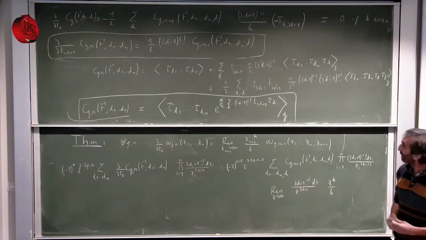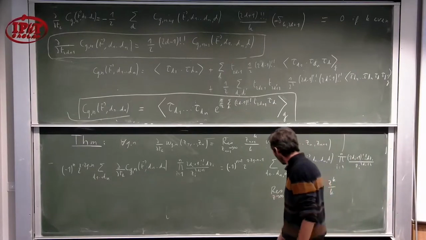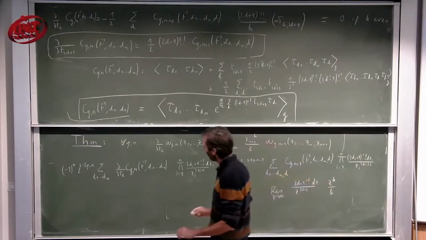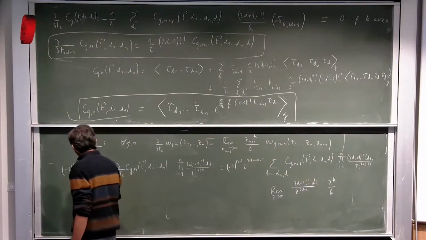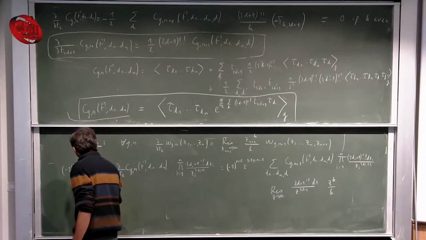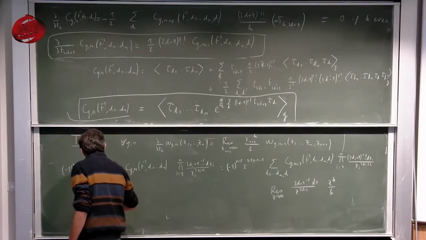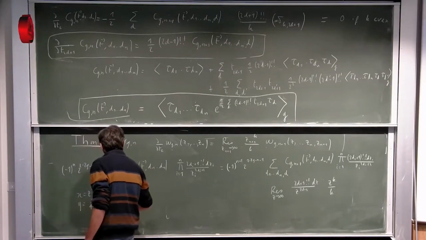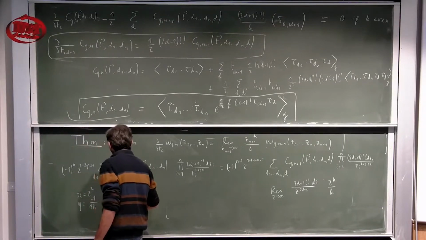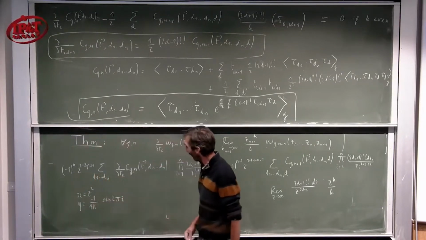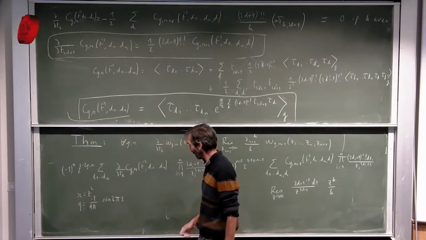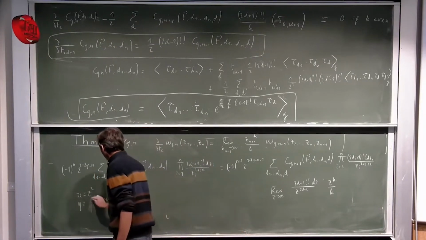Well, the idea will be now that I'm just going to give you a small hint. When you take the spectral curve x equals z squared and y equals minus 1 over 4 pi sine 2 pi z, you can write this as an expansion. Well, okay, sorry, let me take this one, 1 over 4 pi.